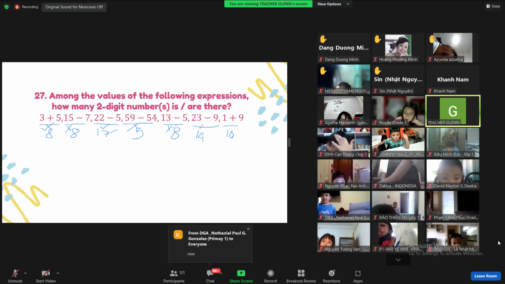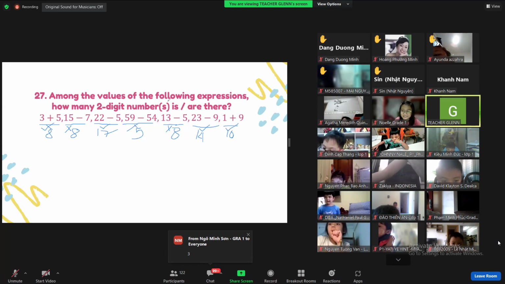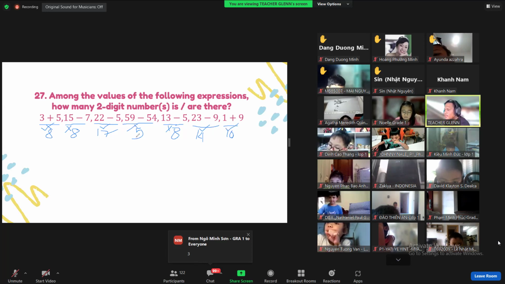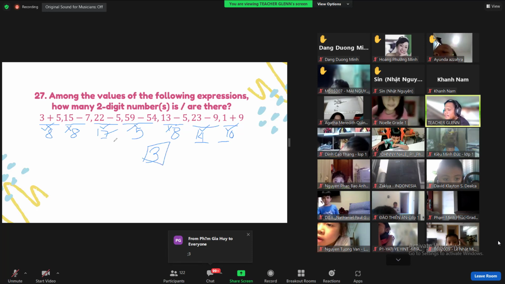And 14 is two digits, so this is correct. And finally, 10 is two digits, so this is correct. So we're going to count. How many do we have in all? 1, 2, 3. So the answer is 3.